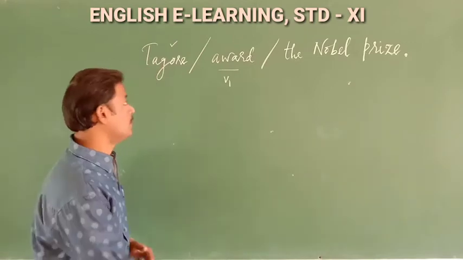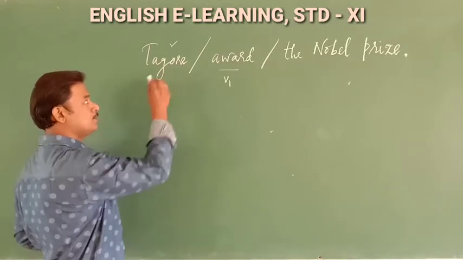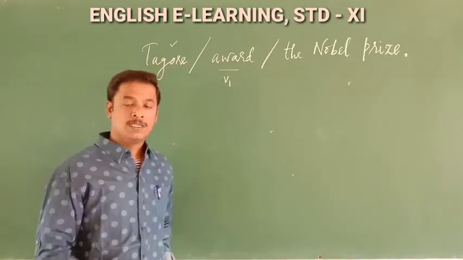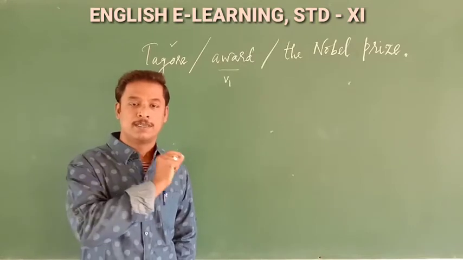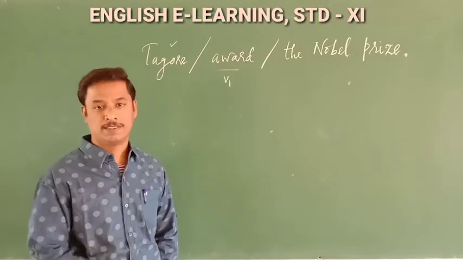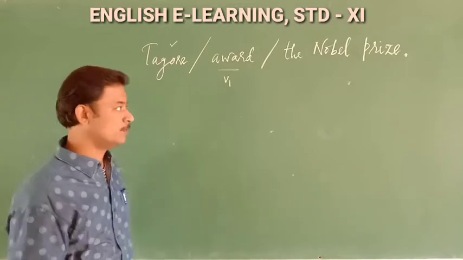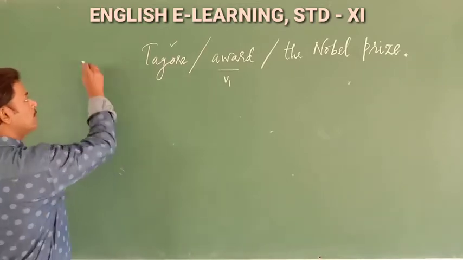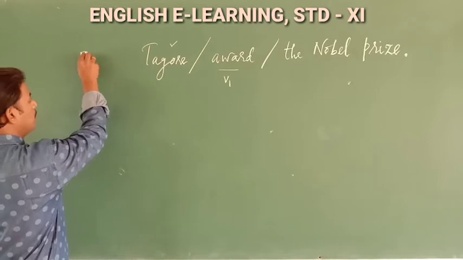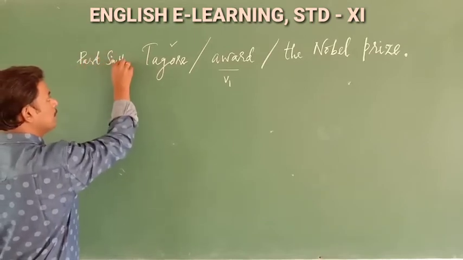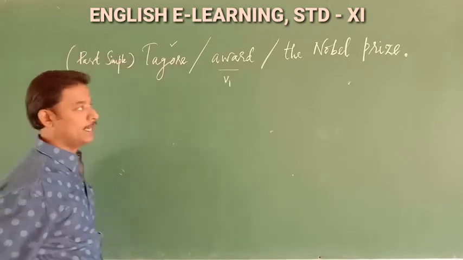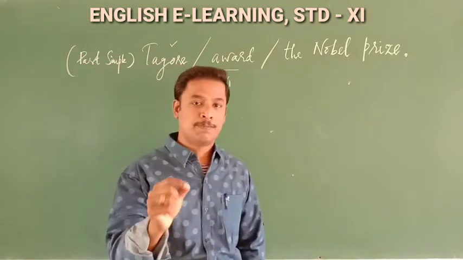So if you analyze this subject, Tagore, the sentence should be in simple past tense. It is very clear. So we must take the tense form, that is simple past.